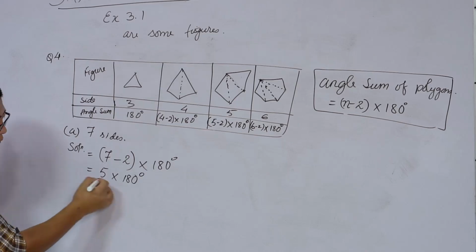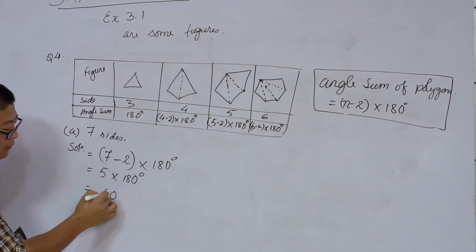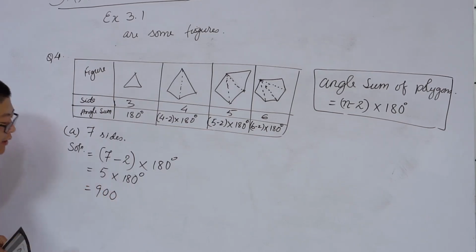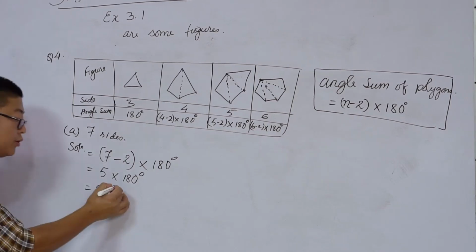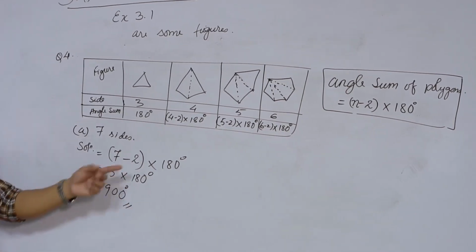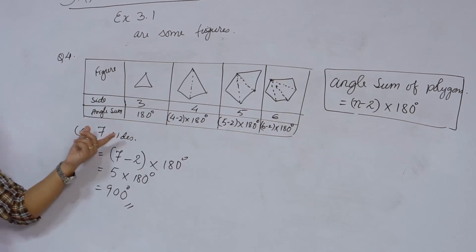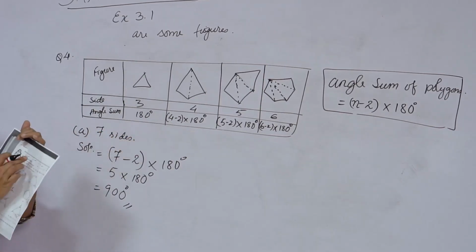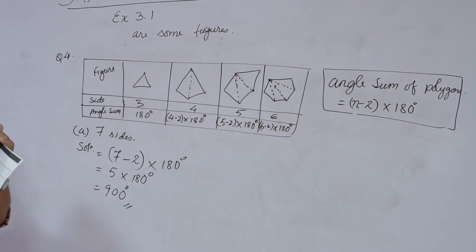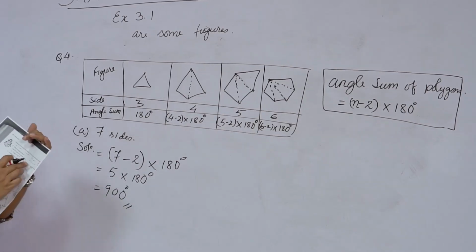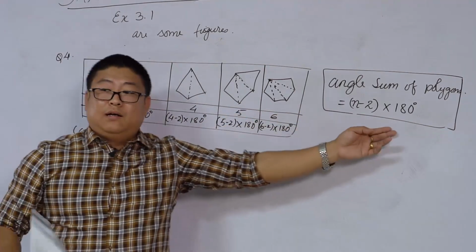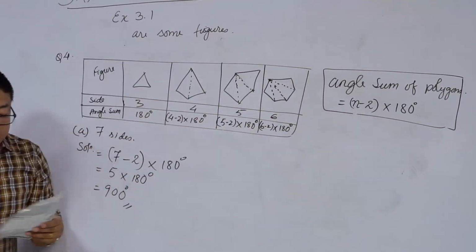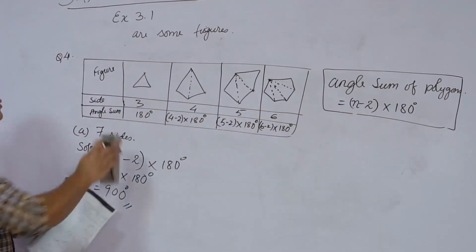When you multiply this, 5 into 0, 0, 5 into 8, 40, 5 into 1, 5 plus 9, 900. So using this formula, you're getting 900 as the angle sum of this polygon with 7 sides. Similarly, for B, C, you can try at home. D is nothing but the formula, n sides. Let's move on to the next question.